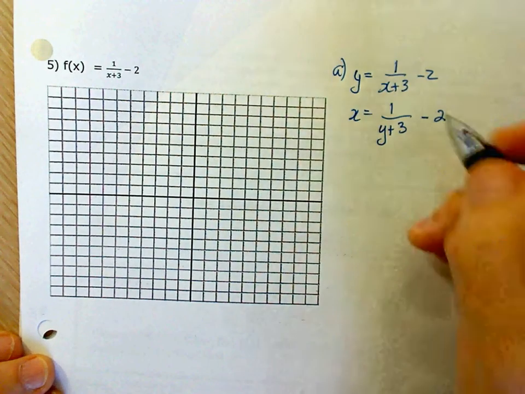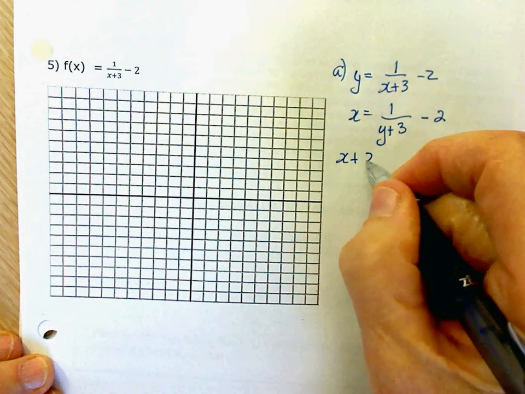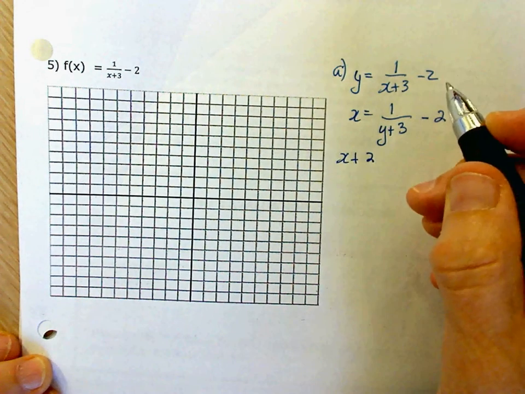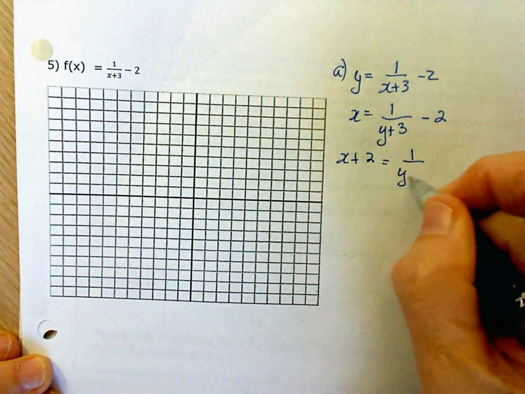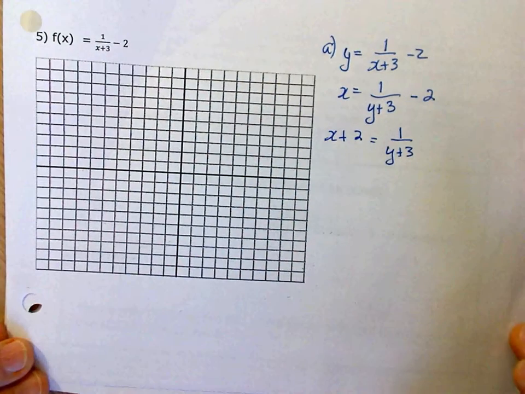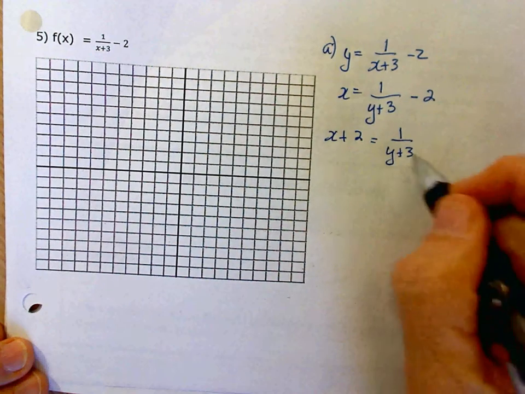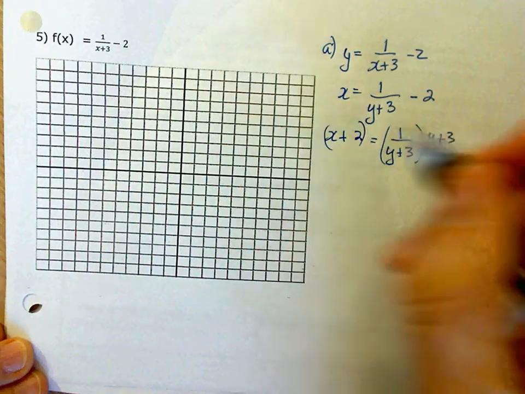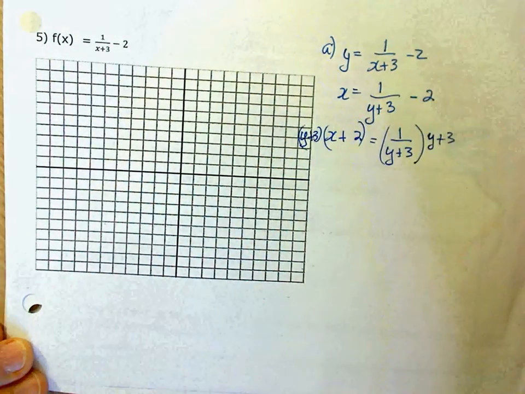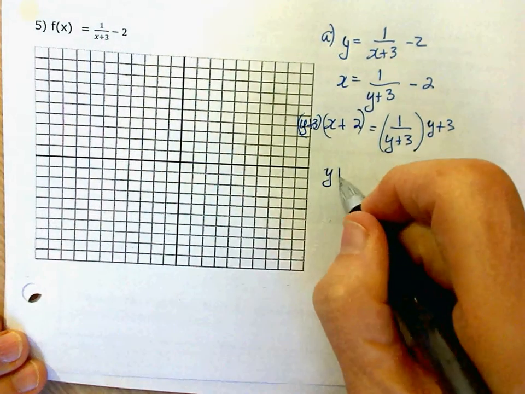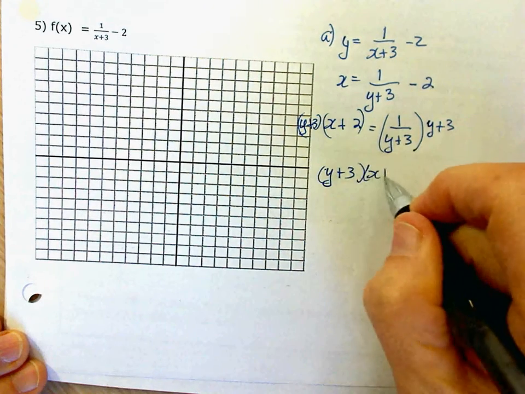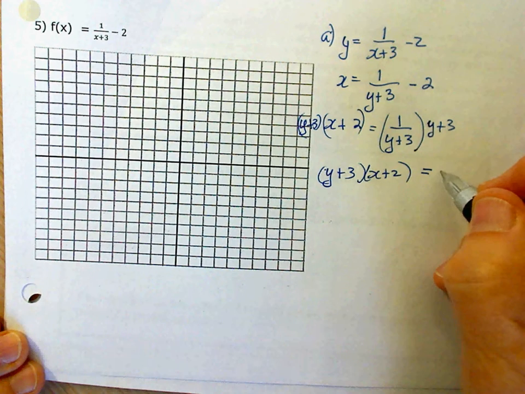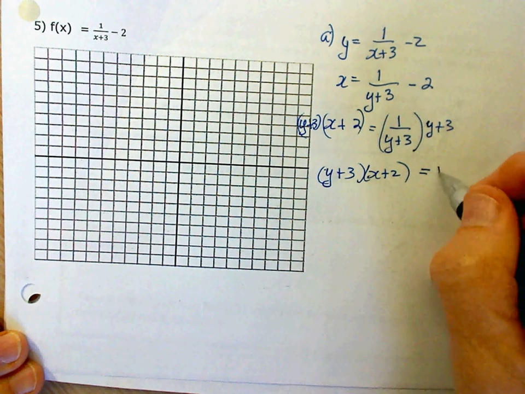X plus 2 equals 1 over y plus 3. Now we're going to multiply both sides. We have to get this out of the denominator, so we're going to multiply both sides by y plus 3. So now we have y plus 3 times x plus 2 equals 1, because this all divides out, right?